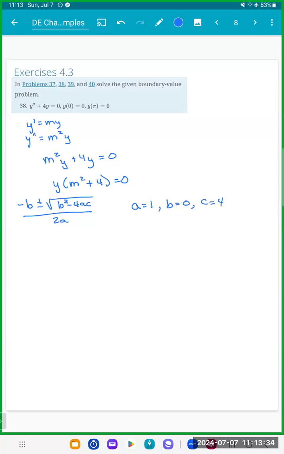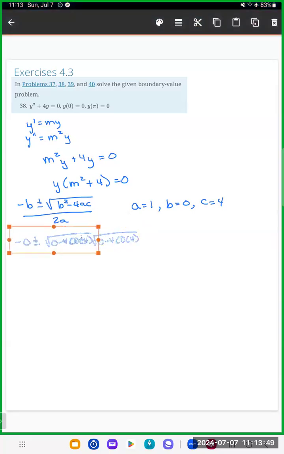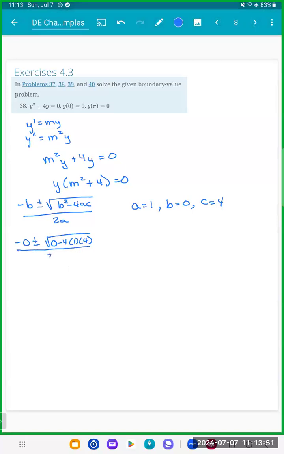So when we plug that into our quadratic formula, we get negative 0 plus or minus the square root of 0 minus 4 times 1 times 4, all of that divided by 2 times 1.